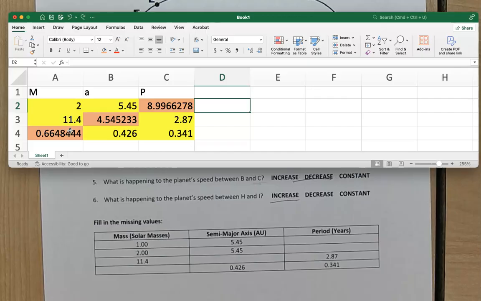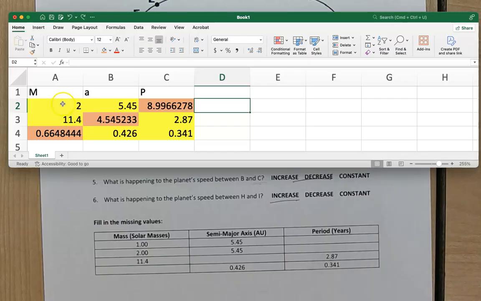Getting a handle on Kepler's laws certainly helps us understand how anything orbits anything, right? Kepler was trying to figure out how the planets orbit the sun, but now we know better, right? Now we know why the planets orbit the sun: because of how gravity works. And gravity works the same everywhere in the universe.